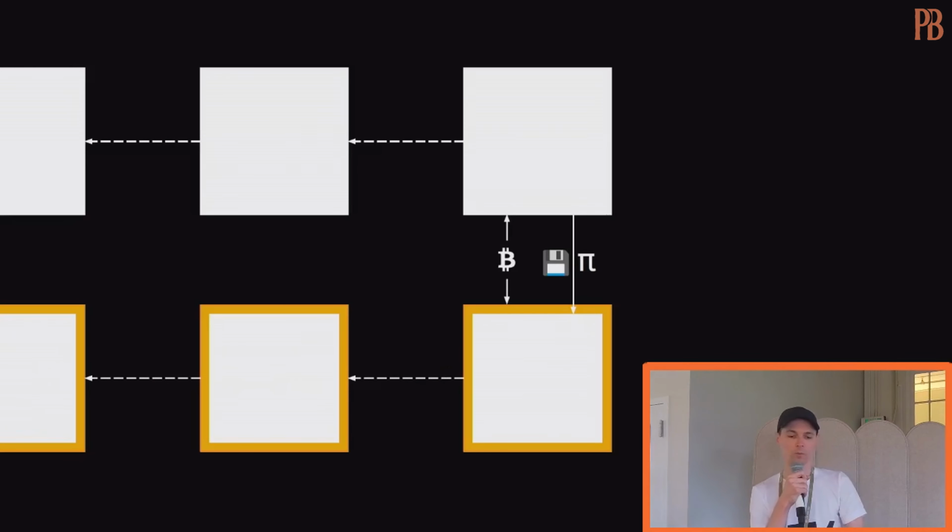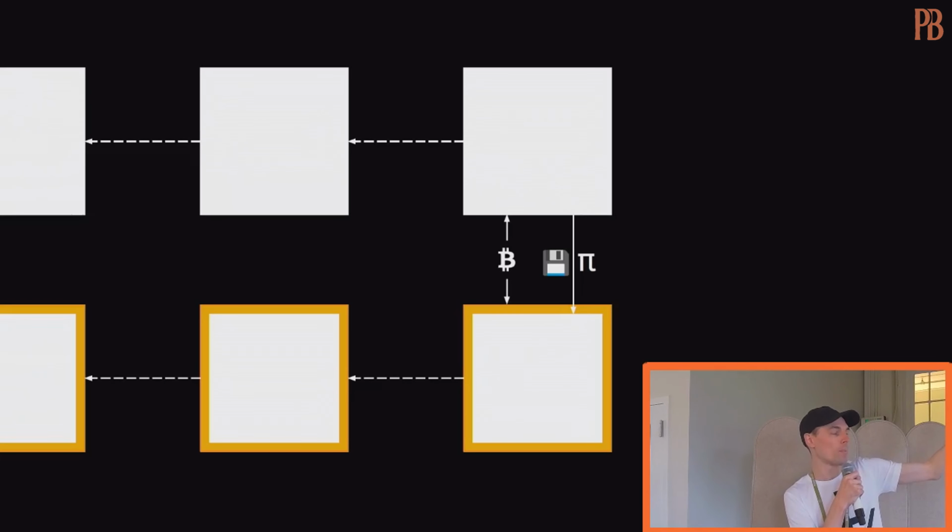So yeah, at a high level, this is how you can visualize it. You've got two blockchains running in parallel, and the one on top is the rollup chain. It has this two-way bridge, so you can transfer assets back and forth between the parent chain, in this case Bitcoin, and the rollup chain.